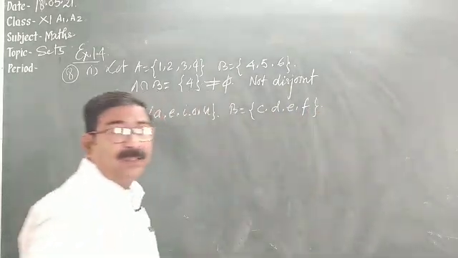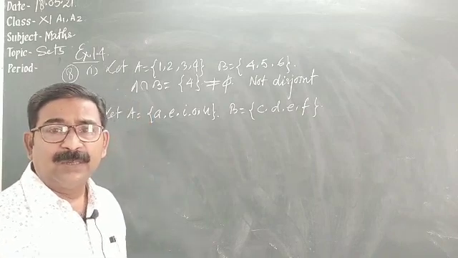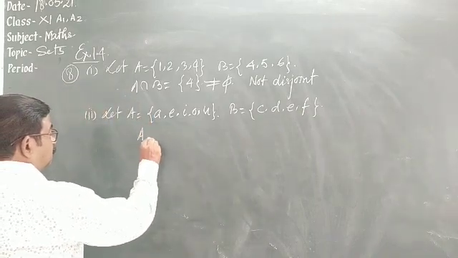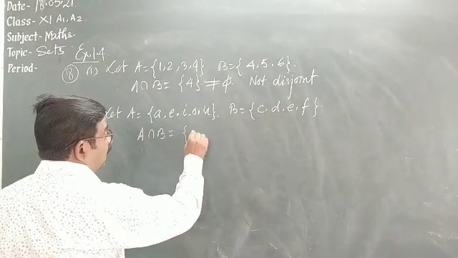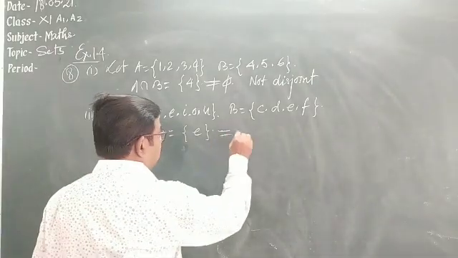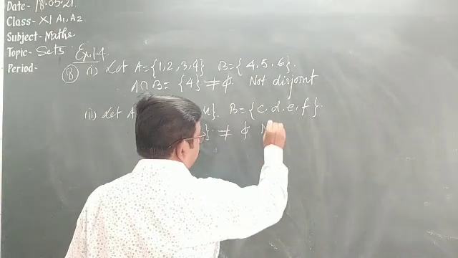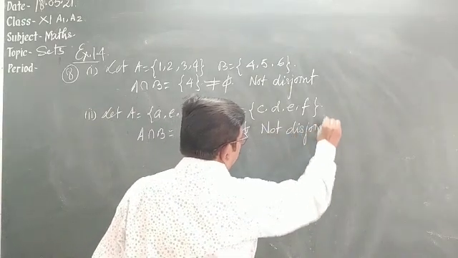We have to check whether the sets are disjoint or not. So what to do? Simply we find the intersection. A intersection B: see clearly E is common in these two. So we say this is not equal to phi. So they are not disjoint.